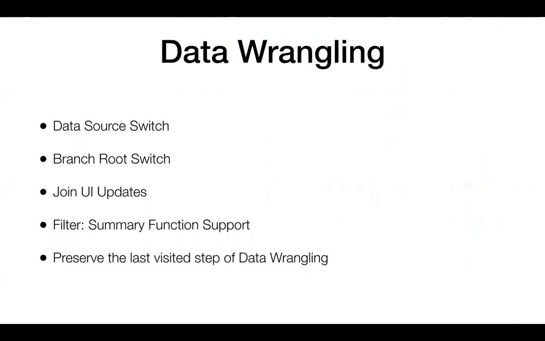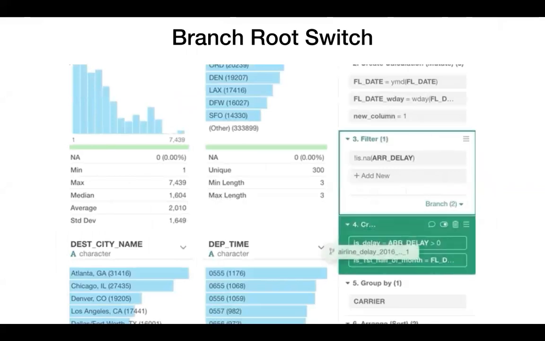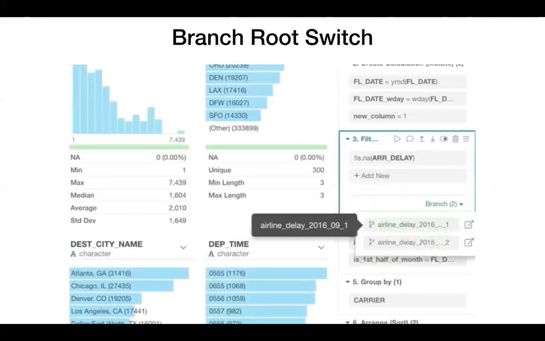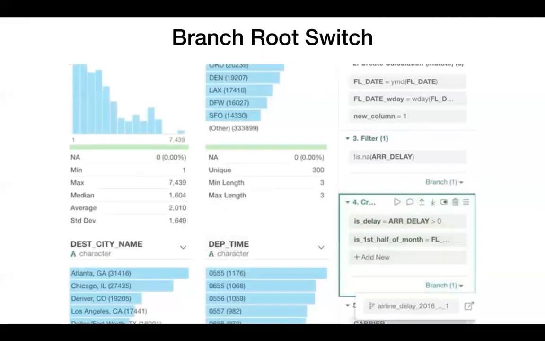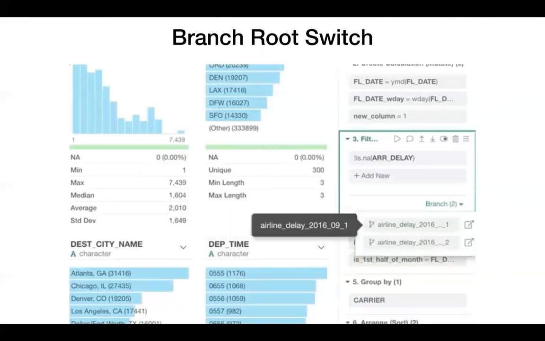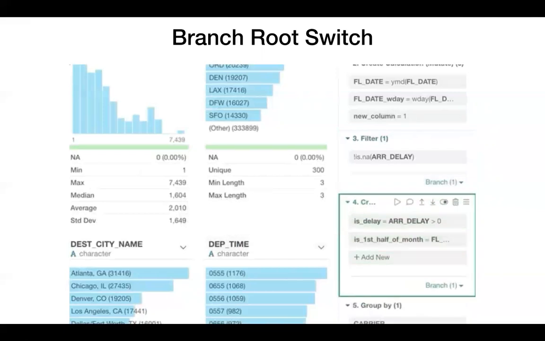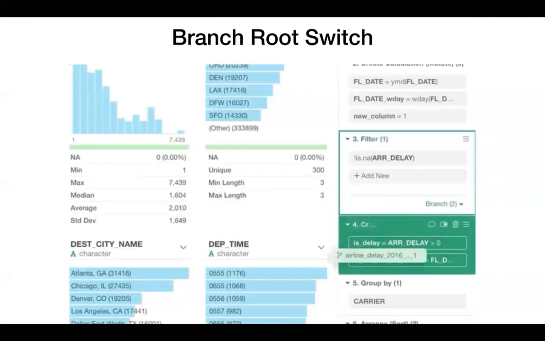Number one, the data source switch. I'm going to go one by one. Sorry, let's start with the branch root switch. Branch is very easy and convenient. Sometimes when you have data imported from files or a database, you might want to do a different type of analysis or data wrangling. In that case, instead of creating a new data frame, you keep the one data frame and create multiple data frames underneath.